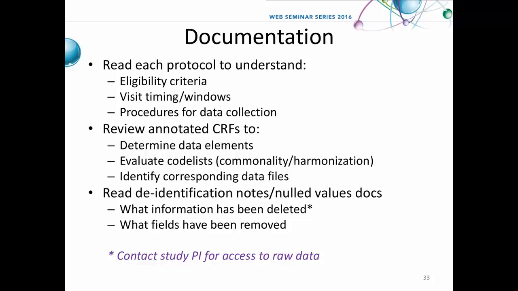The other thing that you will absolutely have to have from the documentation that Dee mentioned on the website are the annotated CRFs. I think we've all seen case report forms. These will have the variable names. In the case of CDISC data, and I'll get to that in a second, you'll also get the domain name.